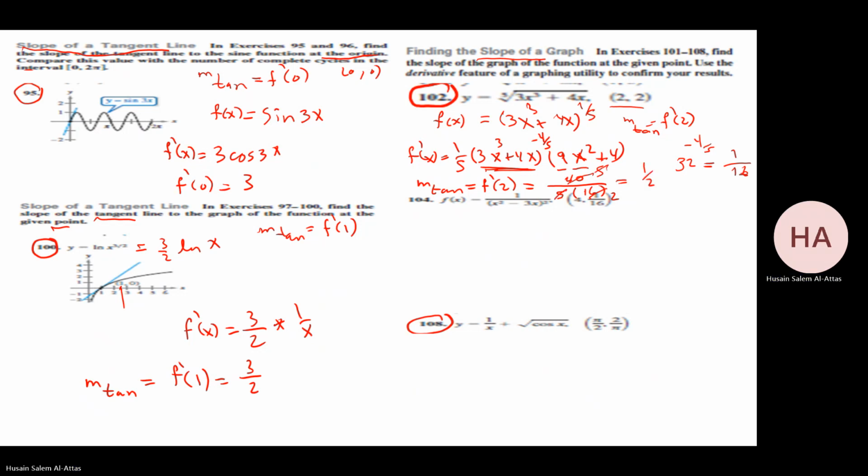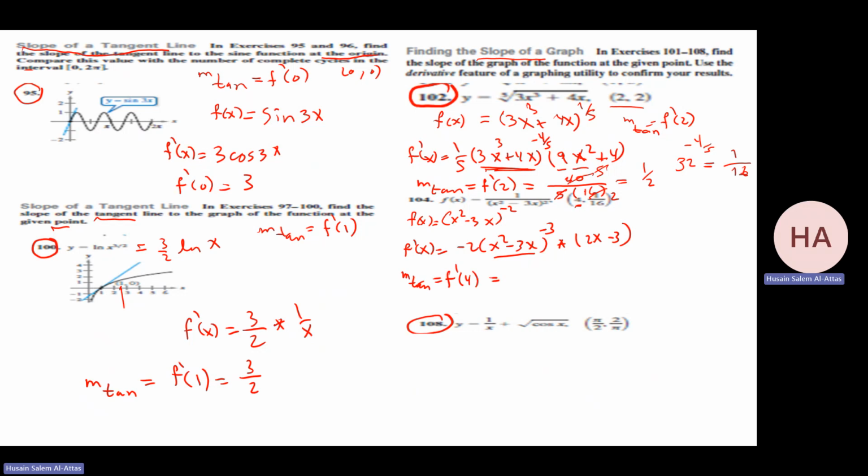This one, what is f of x? F of x is x squared minus 3x to the power minus 2. What is f prime? It will be minus 2 times x squared minus 3x to the power minus 3 times 2x minus 3. Derivative of this at 4, m tangent is f prime at 4.